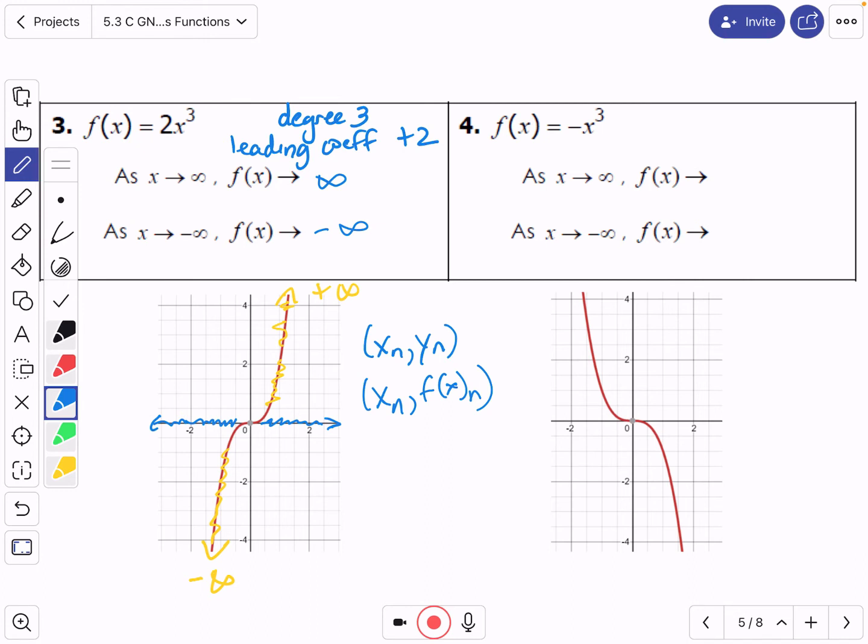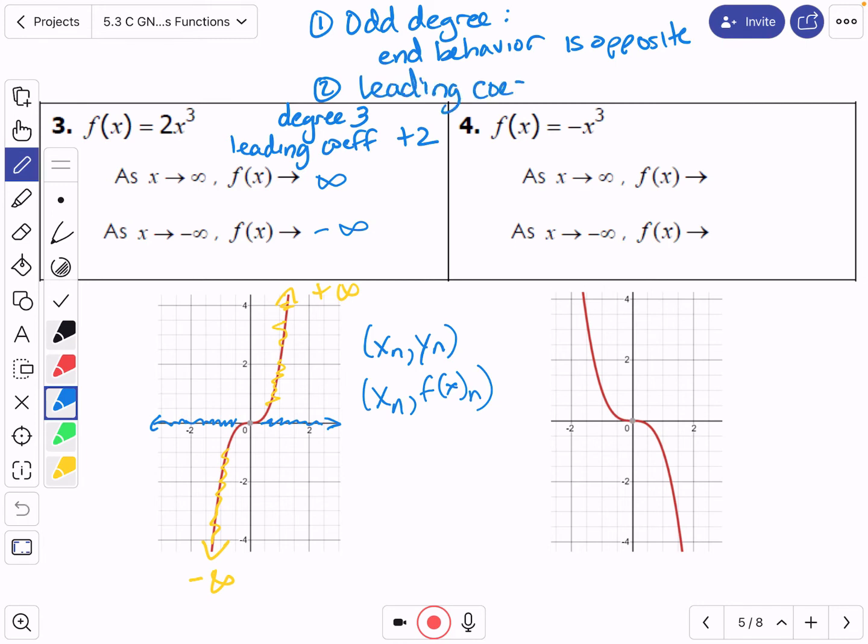So the first part of the rule, for odd degree end behavior, is opposite. So even is the same on both ends, and odd is opposite. Now what does the leading coefficient do? So over here in our example number 4, our degree is still 3, which is odd, and our leading coefficient is -1, so it's negative.